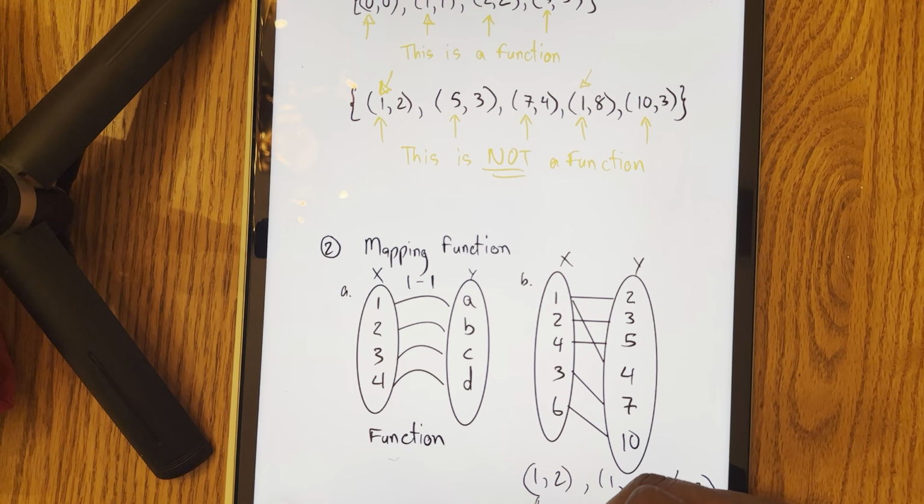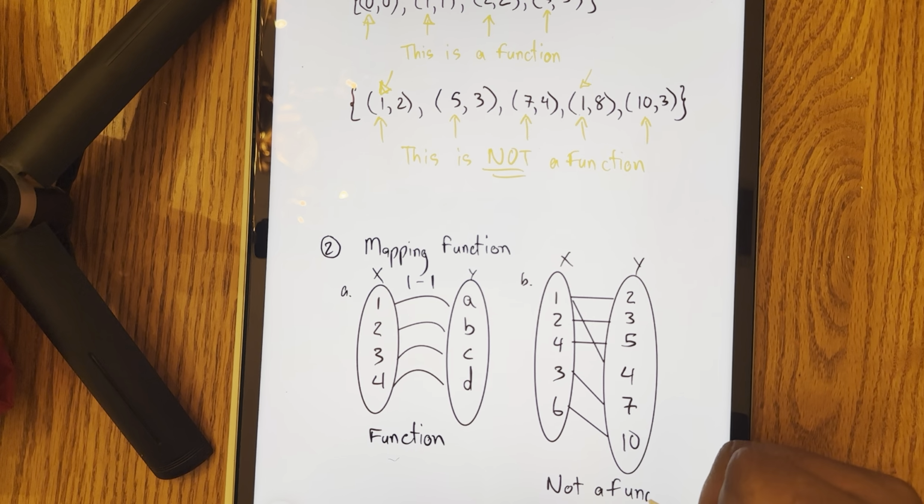Right off the bat, we see that our x value repeats here, so we can determine that this is not a function. That's pretty much what you're looking for when dealing with mapping in terms of determining if something is a function or not.